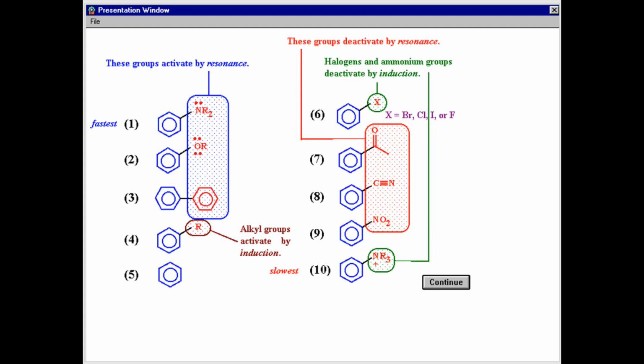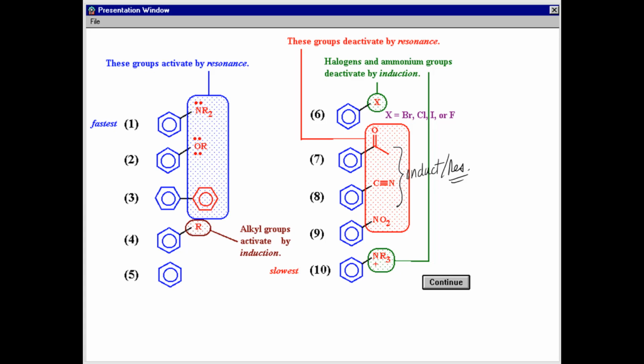And on the other side, the minimal deactivating group, the one that deactivates, I guess, the less, is also induction. And then all of these groups basically are a combination of induction and resonance, but resonance being the dominant mechanism.